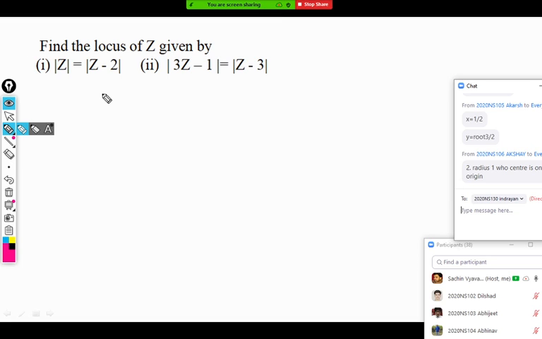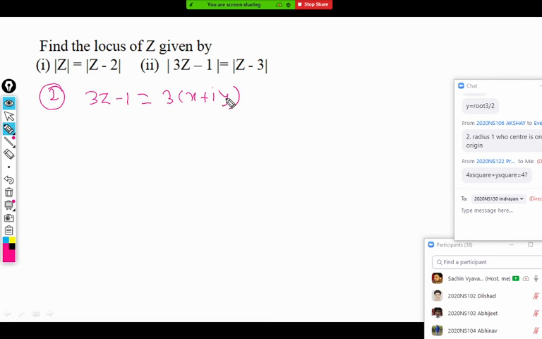So let me start the second. This is 3z minus 1, which is 3 times x plus iy minus 1. So we get 3x minus 1 plus i times 3y.